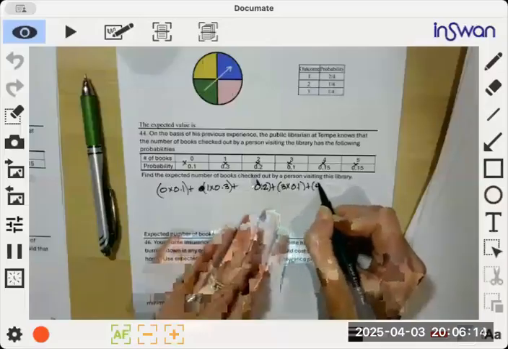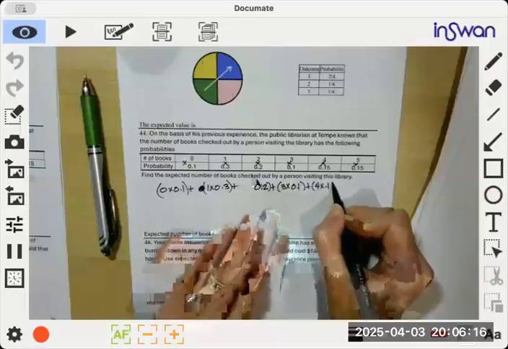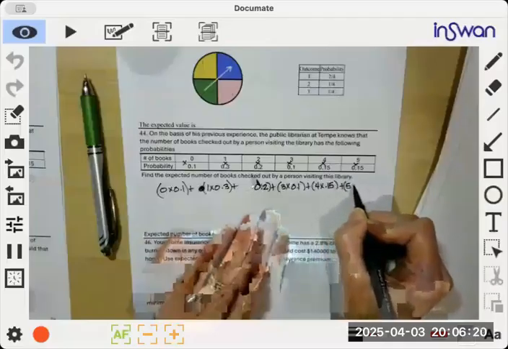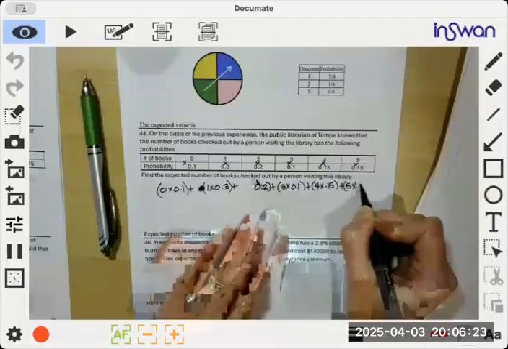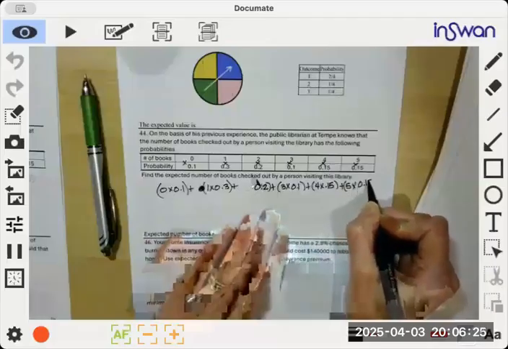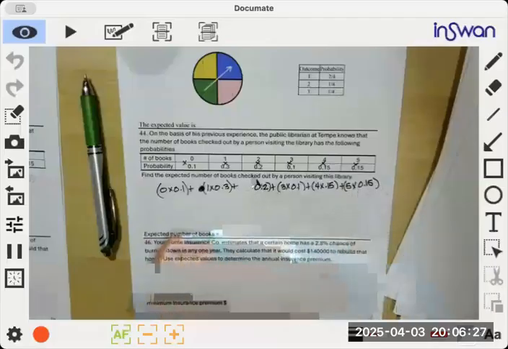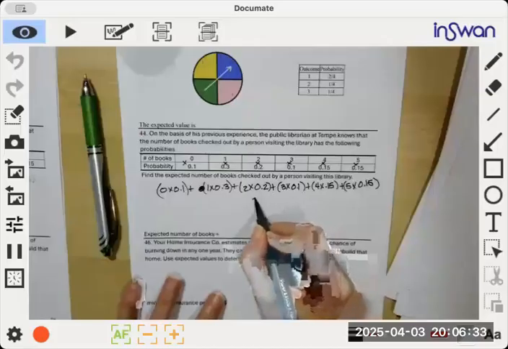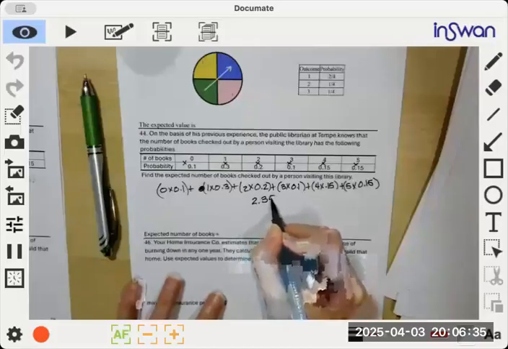And you just do that whole thing, and I just happen to have the answer right here worked out. It's 2.35.